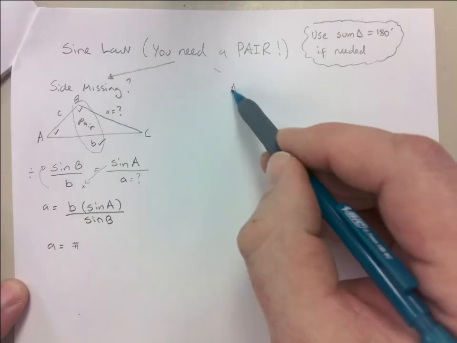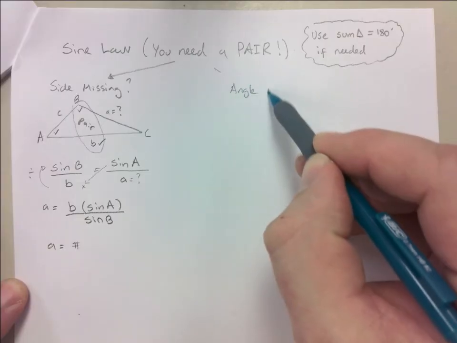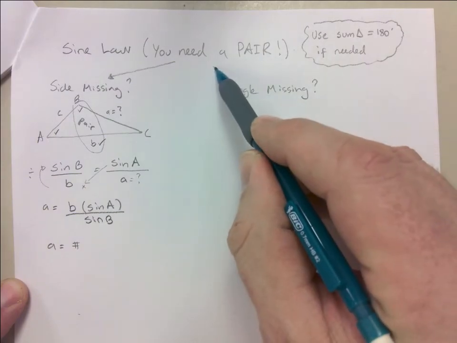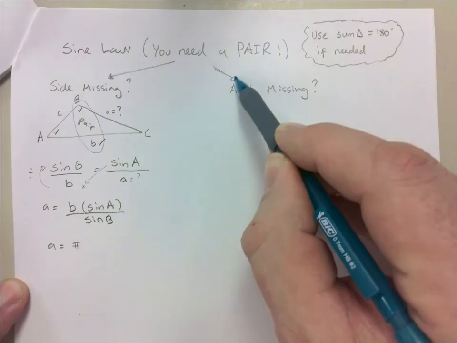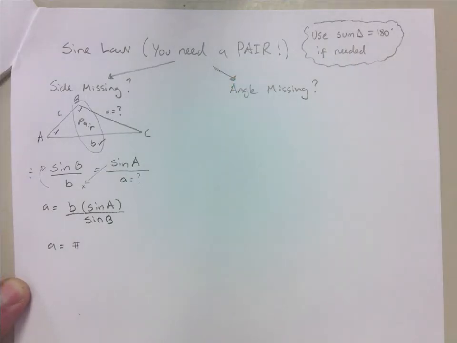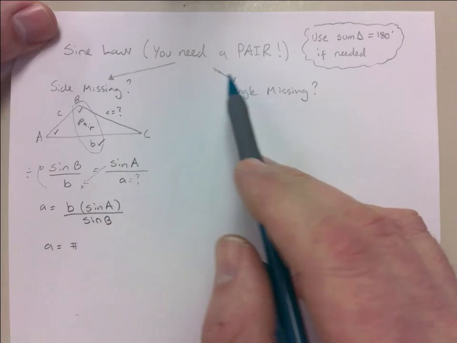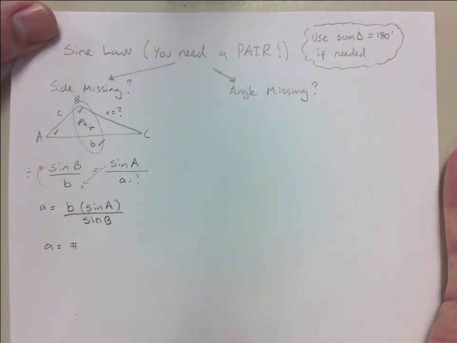And angle is missing. So just remember, sometimes when the angle is missing, all you need to do is sum of triangle. But I'm assuming you already determined that there's a pair. Okay, guys? There's a pair already.